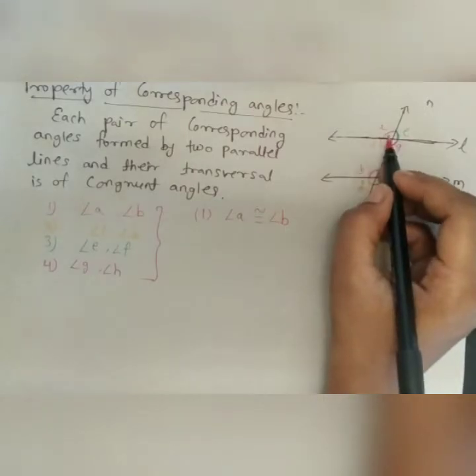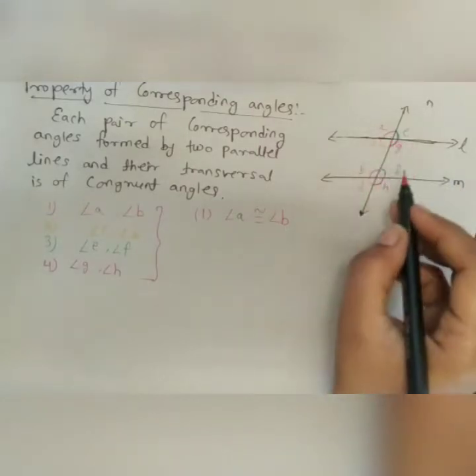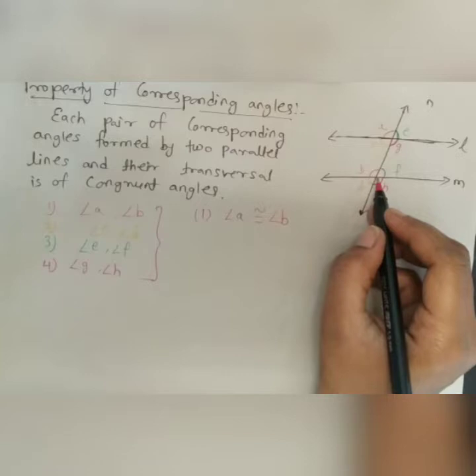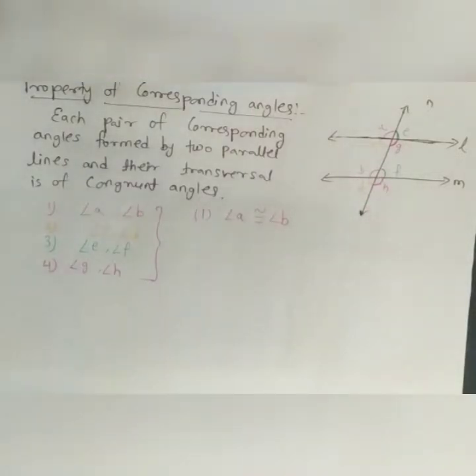Suppose the measurement of angle A is 60 degrees, then the measurement of angle B is also 60 degrees.